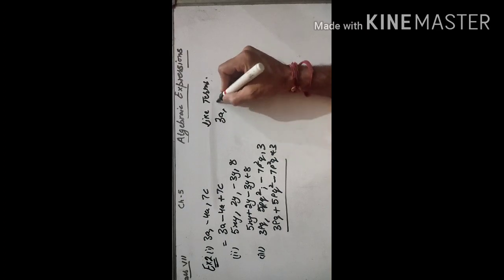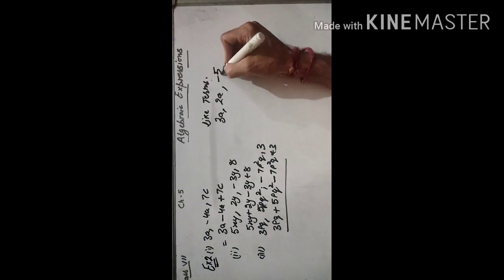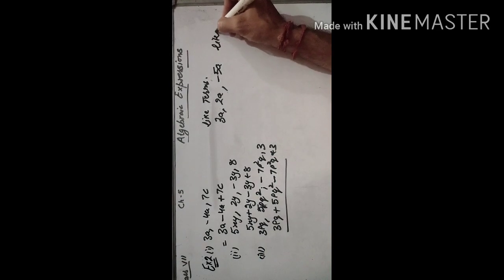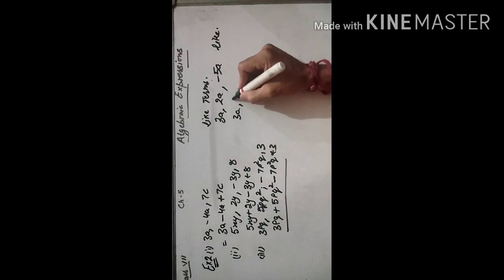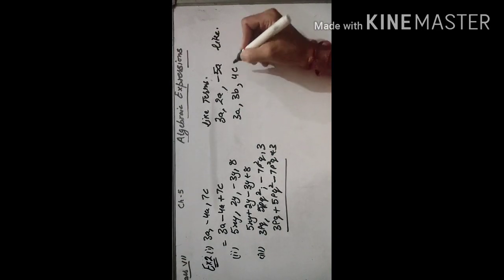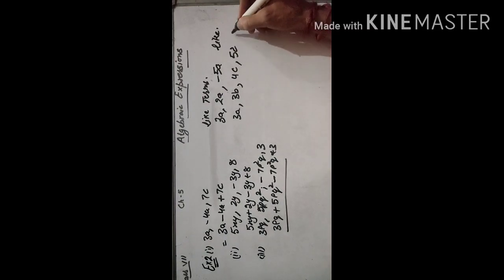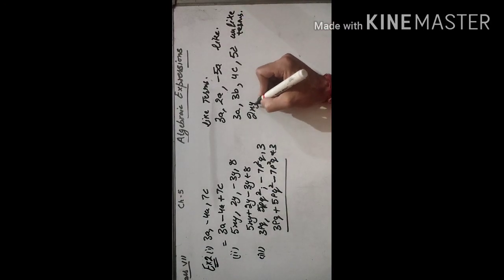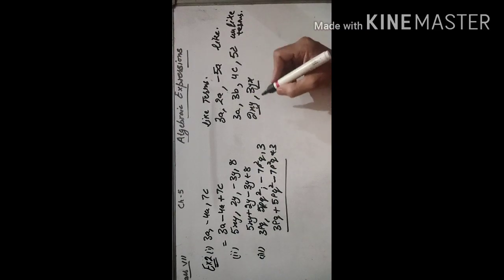Suppose 3a, 2a, minus 5a, they are like terms. 3a, 3b, 4c, 5z are unlike terms. 2xy, 3yx, xy and yx are like terms because 2 into 3 is also 6 and 3 into 2 is also 6.